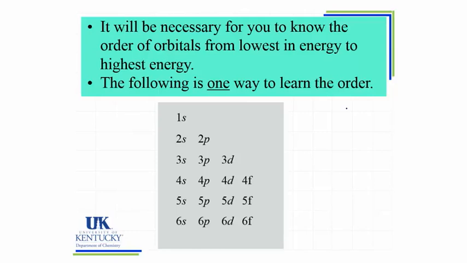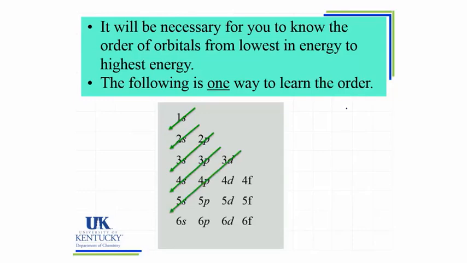The next thing you'll want to do is put diagonal arrows, as I'm going to show you here, through them. The arrows are going to give you the order of filling. So we fill the 1s first, then we fill the 2s, and then we fill the 2p and the 3s, and then we fill the 3p and the 4s, and then the next diagonal arrow, where would it go? 3d, 4p, 5s.